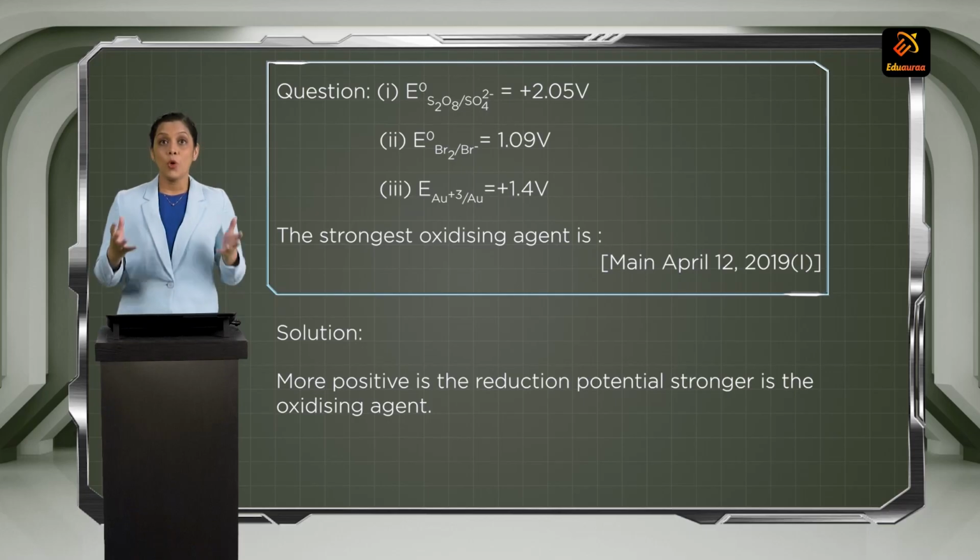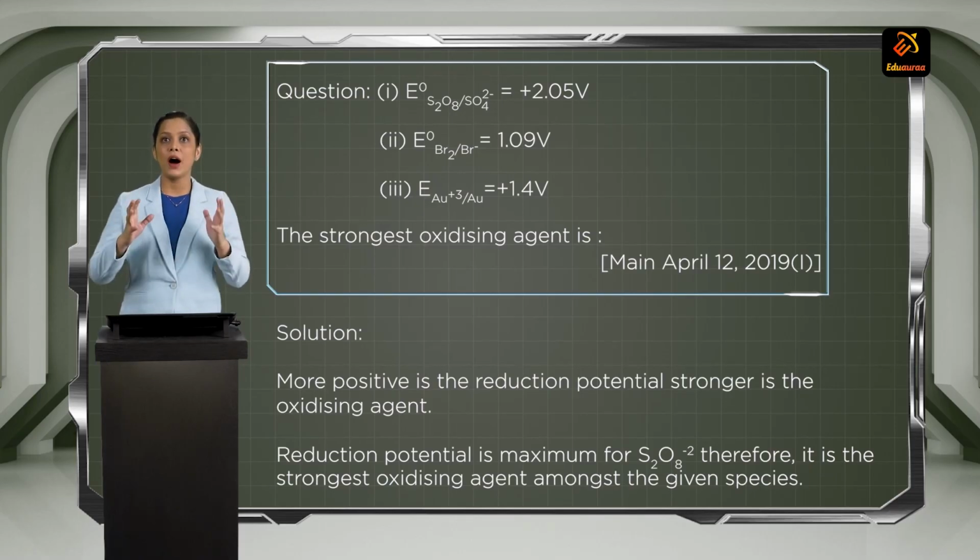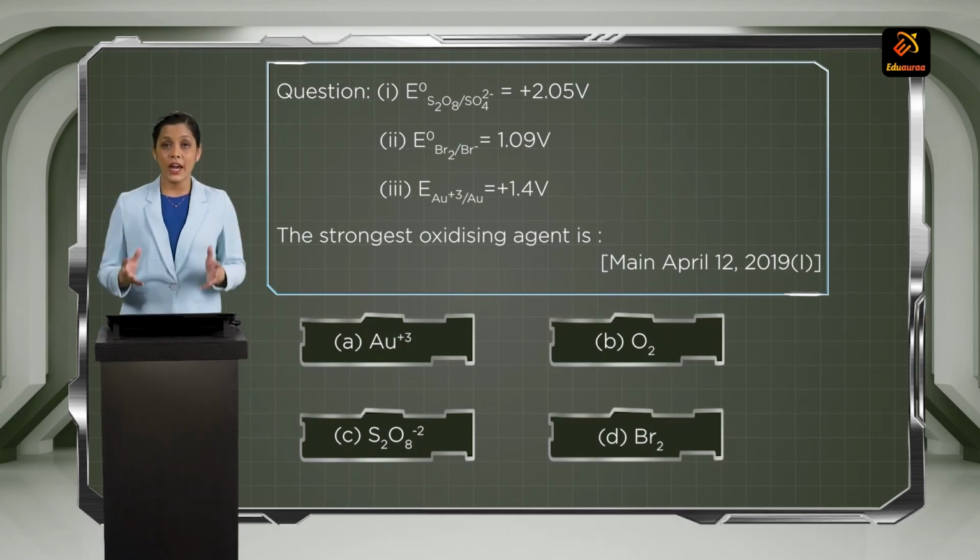As in, more the positive or higher the value of reduction potential, the stronger is the oxidizing agent. And here the reduction potential is maximum for S2O8 2 minus, that is persulfate. So, the strongest oxidizing agent here is option C, that is S2O8 2 minus, persulfate.